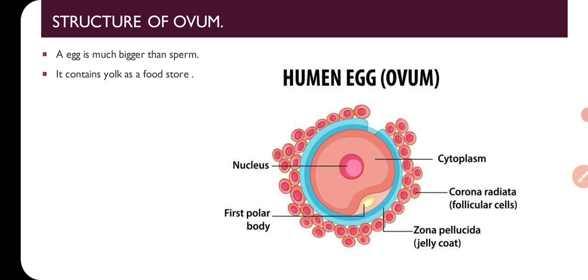It is quite bigger than the sperm, it contains the nucleus, and it has three layers: the outermost layer is called the corona radiata, the middle one is known as the zona pellucida, and the inner one is called the vitelline membrane.